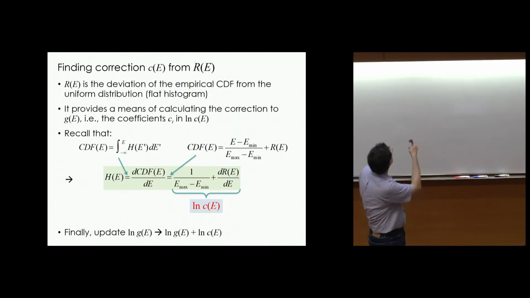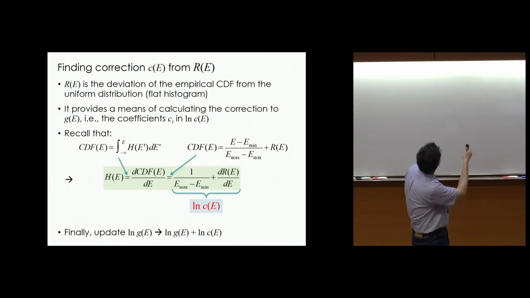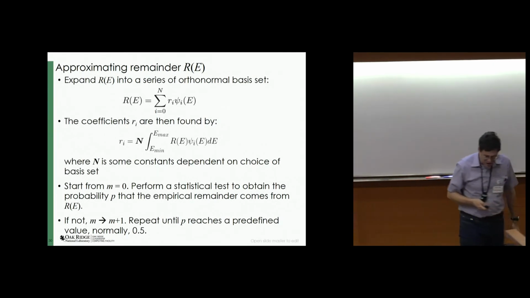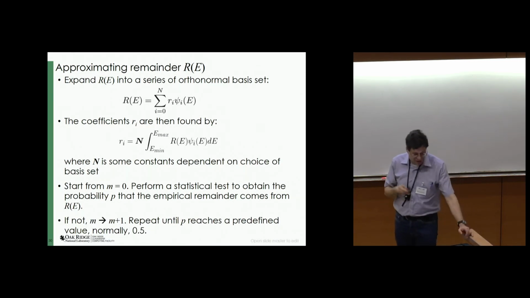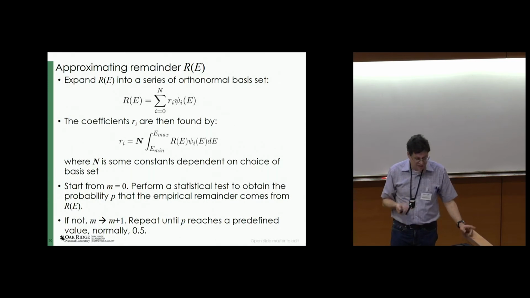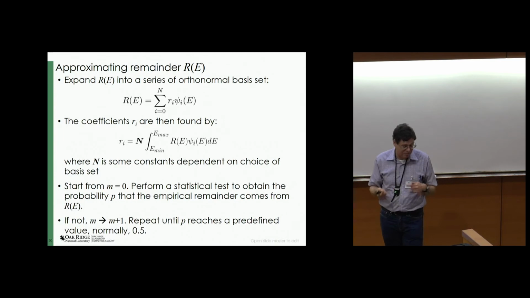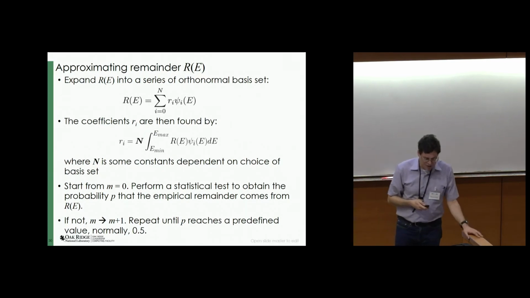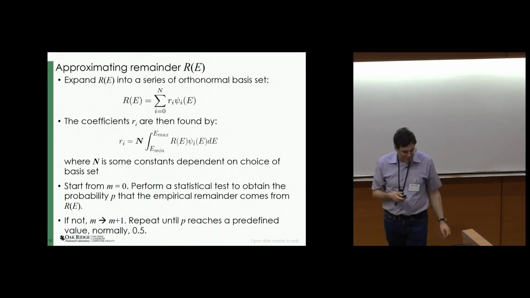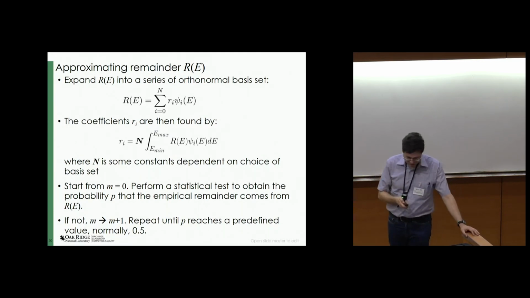We find that the update we should use is the derivative of this C of E. So we try to find an expansion of the remainder in terms of some additional basis set, related by being the derivative, so that we can expand its derivative easily in terms of the original basis set phi, and thus find an expansion of the derivative, and this gives us the correction factor.